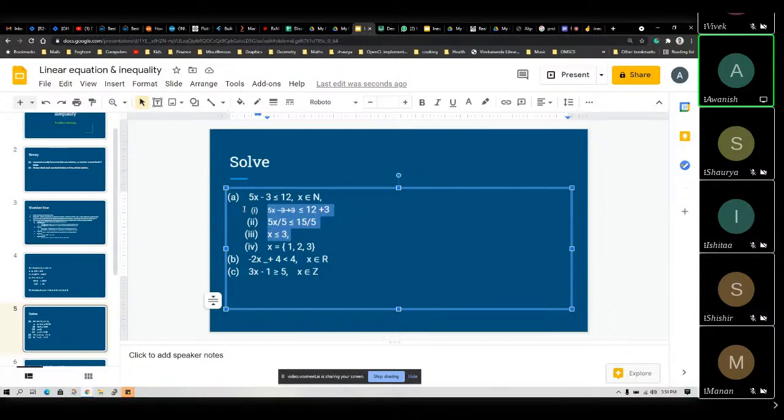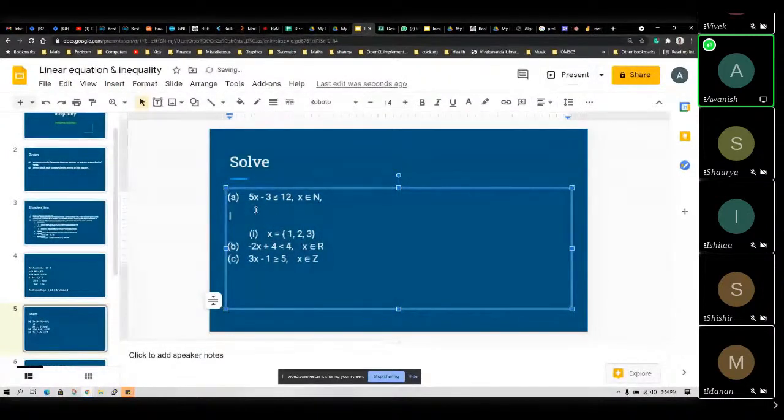Sir, in the second question, you have written minus 2x underscore plus 4. There is no underscore. Let me delete it. So this was the solution for this. I'll just remove it because I get more space then. Can we solve this now?